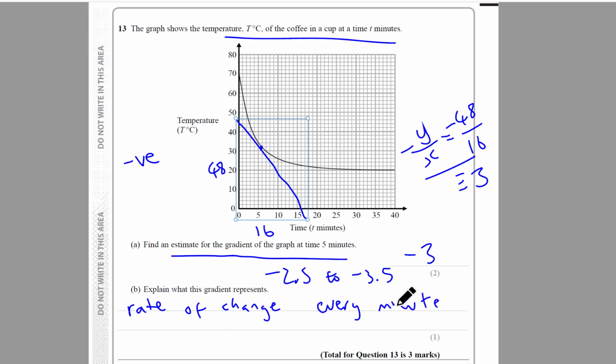Every minute, coffee temp decreases by 3 degrees.